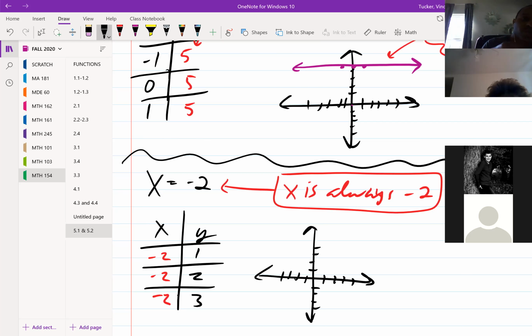So if you graph those 3 points, go to the left 2, up 1, left 2, up 2, left 2, up 3, and you get a vertical line. I'm going to try to stay consistent, so I'm going to pull purple back out. So here you get a vertical line.